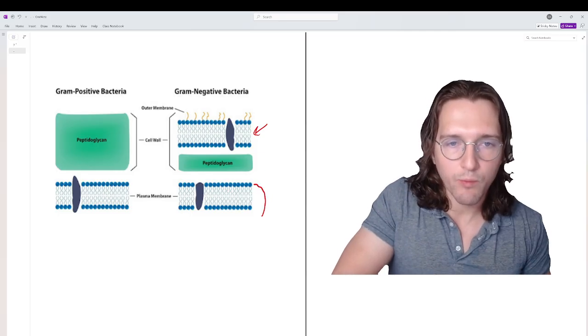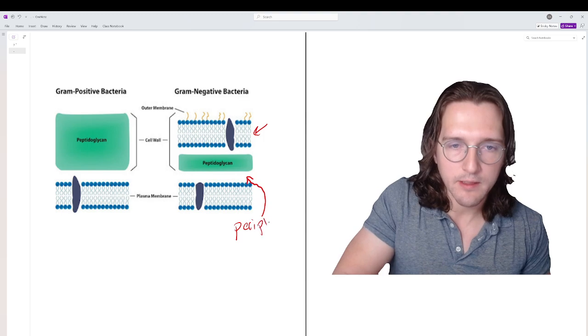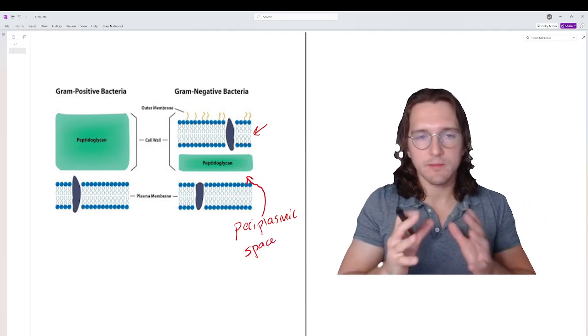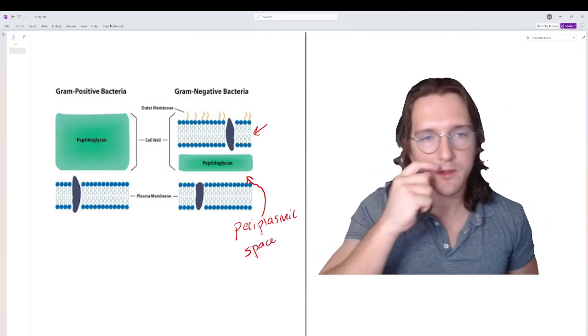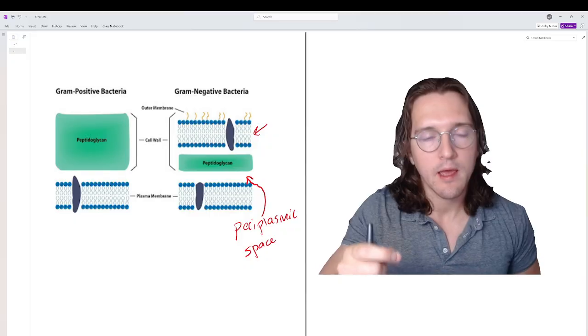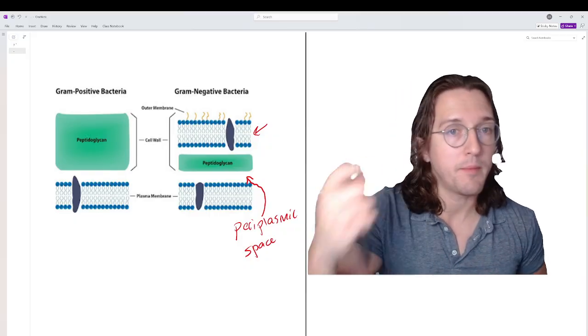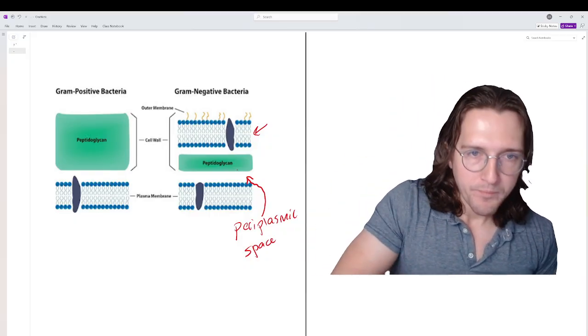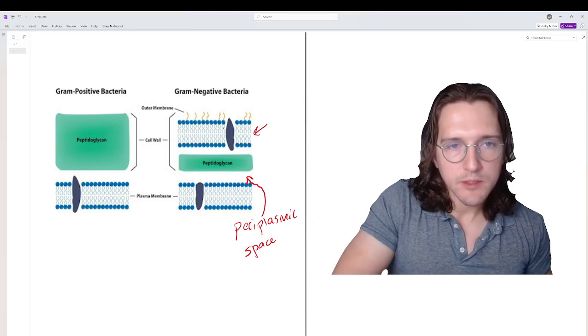This space where we have that thin peptidoglycan is called the periplasmic space, okay? And this periplasmic space contains the thin peptidoglycan. It's because it's thin that the initial purple stain does not get stuck and it ends up getting highlighted in pink instead, okay? Now, notice that it also has this outer membrane.